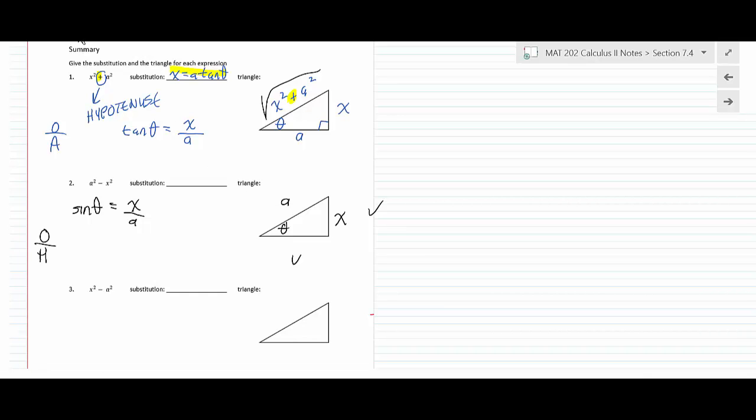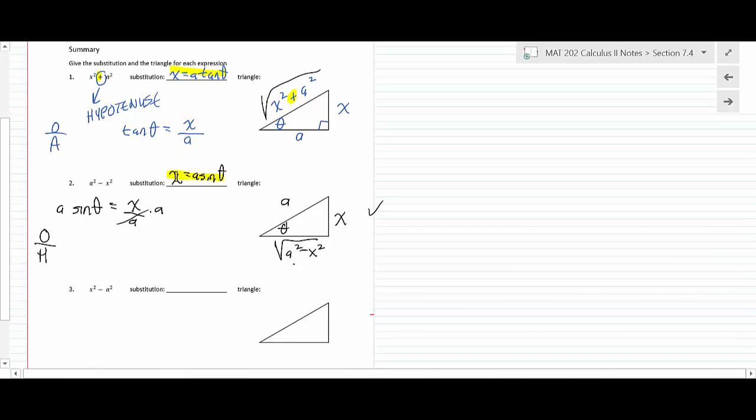And that leaves this part right here being the square root of a squared minus x squared. So that's how the triangle would set up. Then if you solve for x, you can multiply both sides by a, and you get the substitution x equals a sine theta like that. So that's how that's going to go.